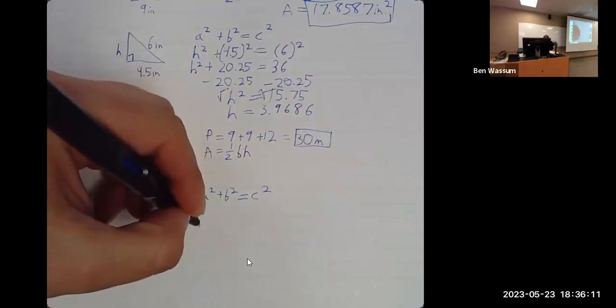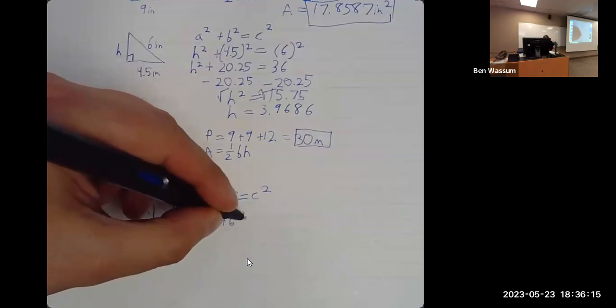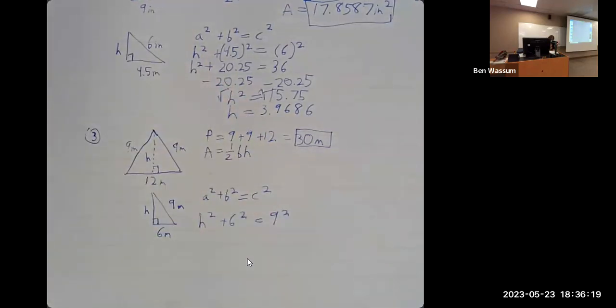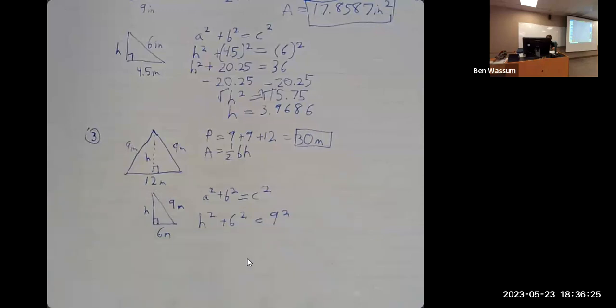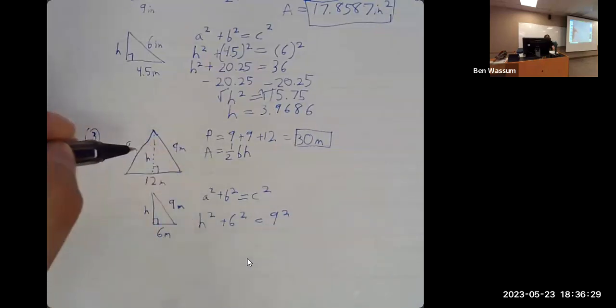So I'm just going to say it's h squared plus 6 squared is equal to 9 squared. See that? So leg squared plus leg squared is hypotenuse squared. We're going to use this to solve for h.